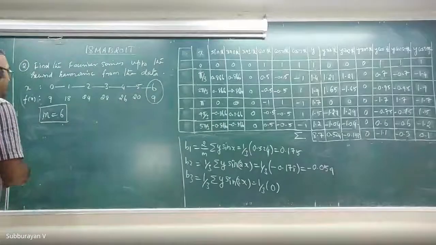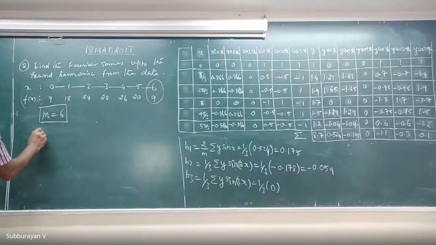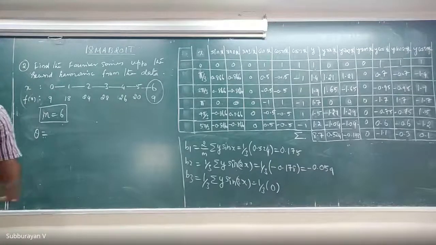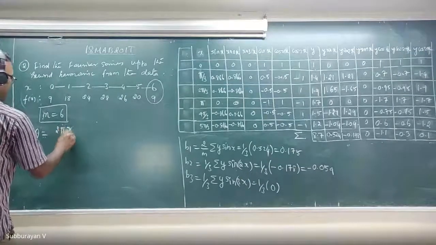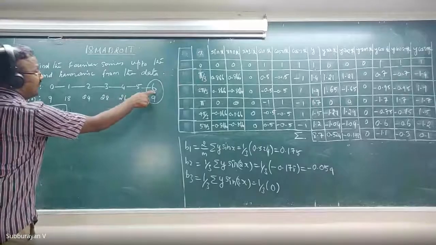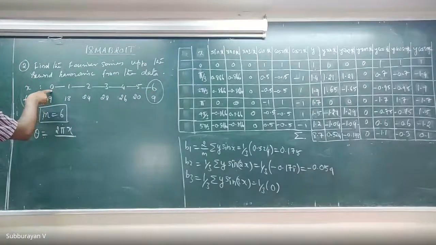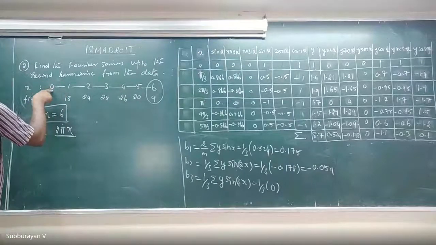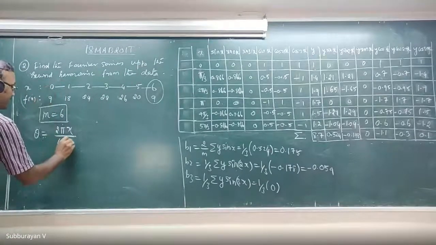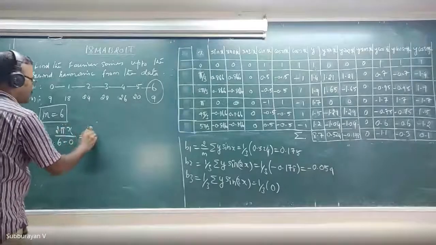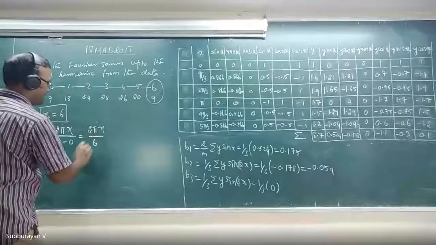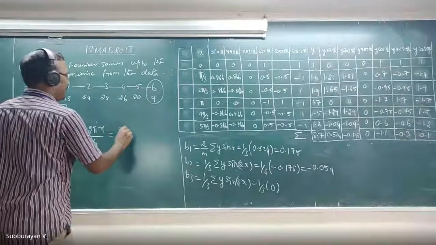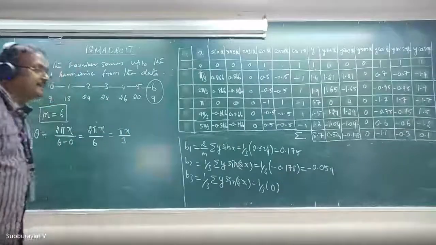Now use the formula theta equals 2 pi x divided by the last value minus the first value in the x argument, that is 6 minus 0. So the formula is 2 pi x divided by 6, which is pi x divided by 3.